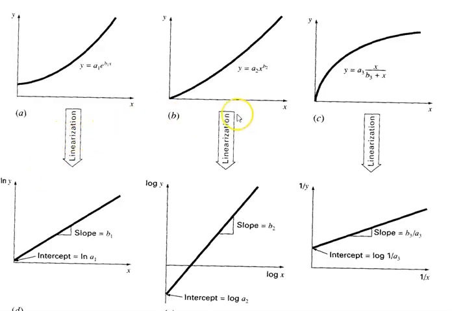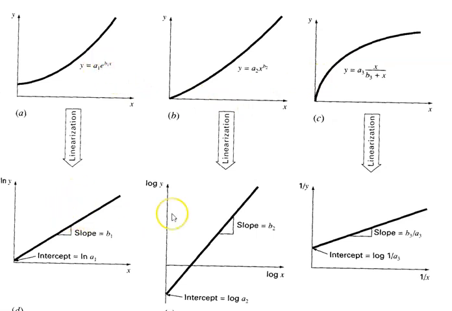So we are going to look into three types of models here. The first nonlinear model is the exponential model. The second one is the power model, and the third one is the saturation growth rate model. These three models are the most commonly used models in engineering, specifically chemical engineering. You will encounter many of these models throughout your 4-year program.